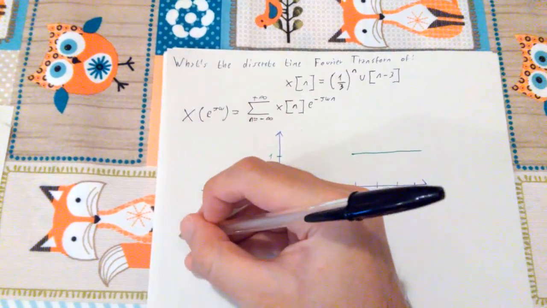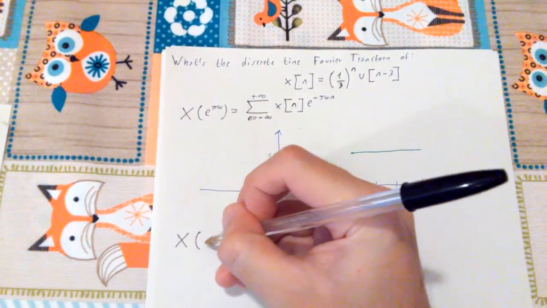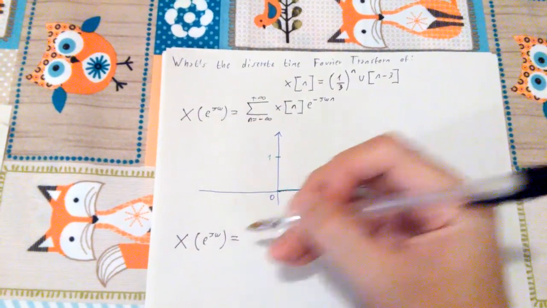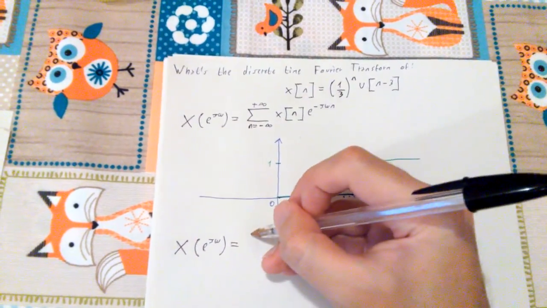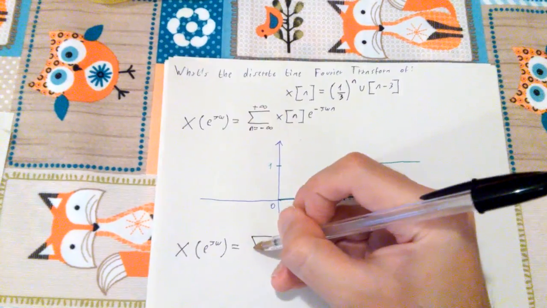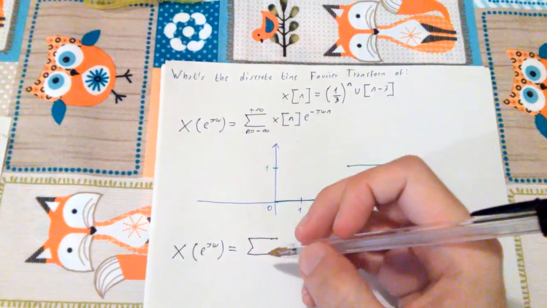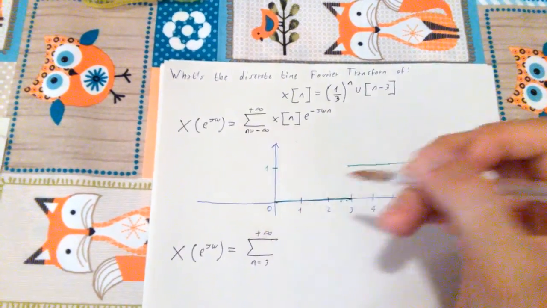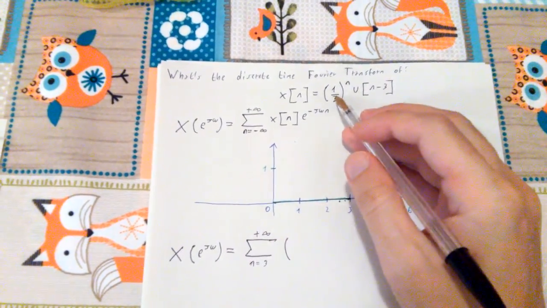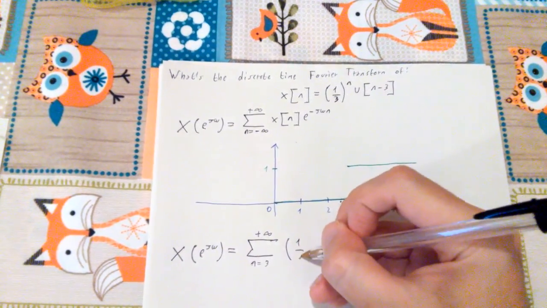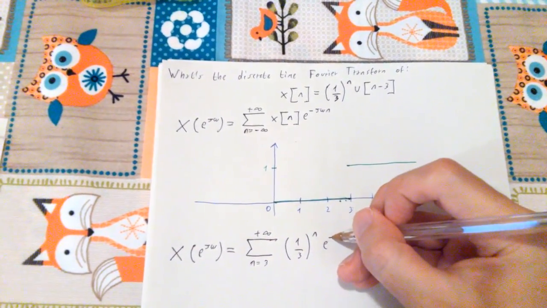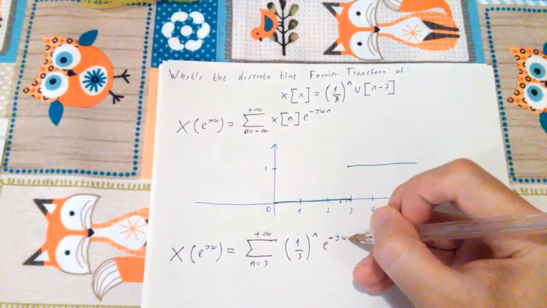So we have X of e to the j omega equal to the sum of n that goes from 3 to positive infinity of, well, this 1 over 3 to the n e to the negative j omega n.